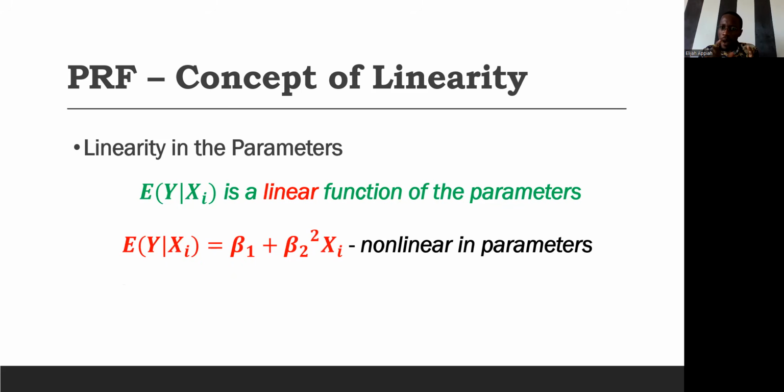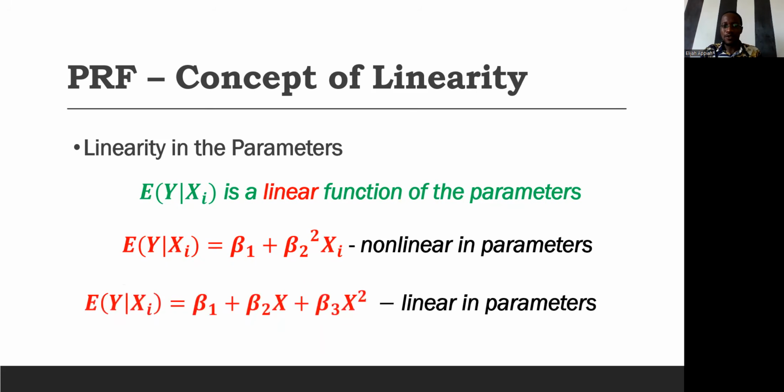But look at the power of the beta 2 parameter in there. It is squared. So it is non-linear in the parameters. And if you look at this model as well, you can see that the highest power of the betas, the regression coefficients, is just 1, 1, 1, right? But for x, we have a square term there, so quadratic. In that case, this one becomes non-linear in the variables, but linear in the parameters.